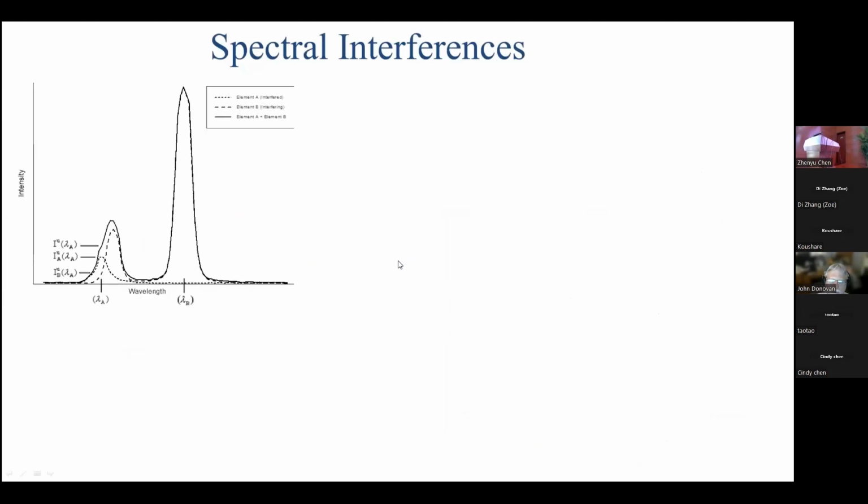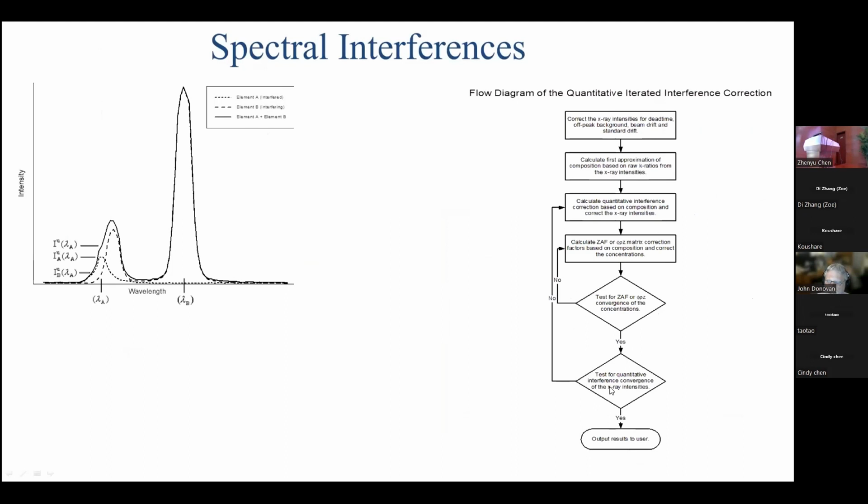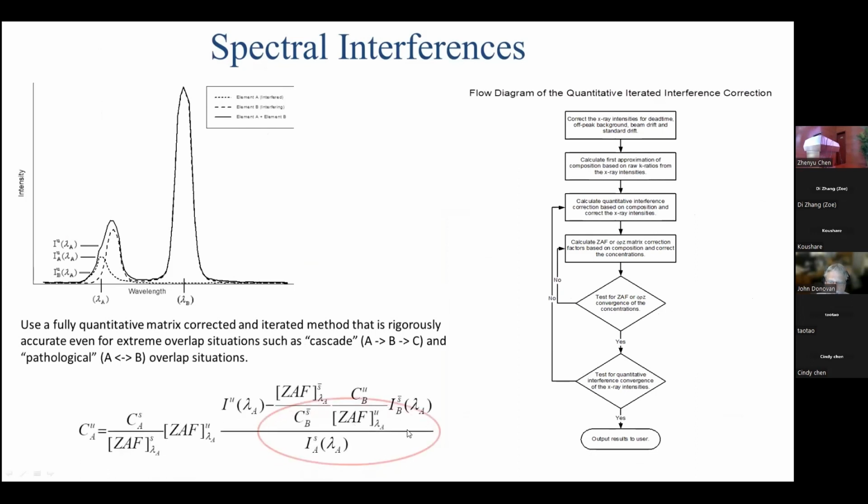So, spectral interferences. You have the classic interference here of element A being interfered by element B. And how do we deal with this? Again, I mentioned the matrix correction iteration where we calculate that. Basically, here's the normal K ratio with the matrix correction for the standard and the unknown.